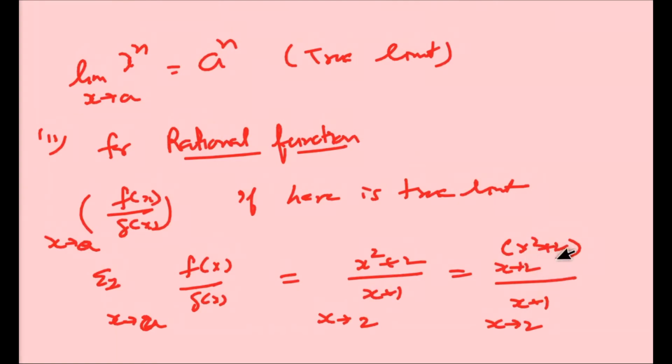We can put the true value, so 2 square plus 2 upon 2 plus 1. We get 6 upon 3 equal to 2. So it is a true limit.